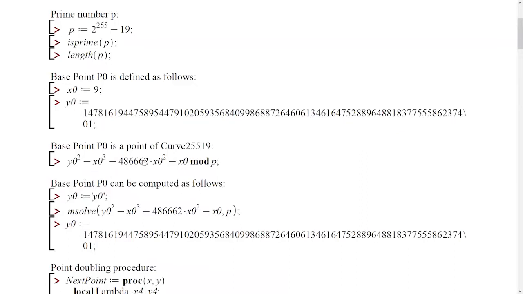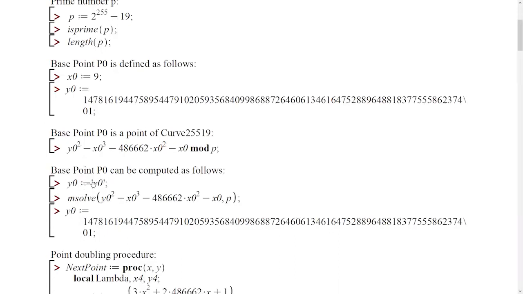So if so, the value for y0, as I said previously, can be found in the paper written by Bernstein, or in several RFCs, or we can compute it. y0 is the value that we want to determine.